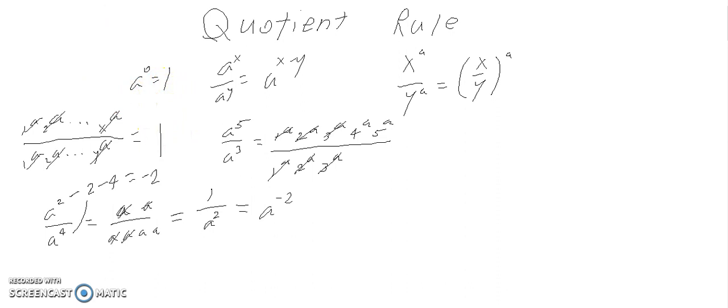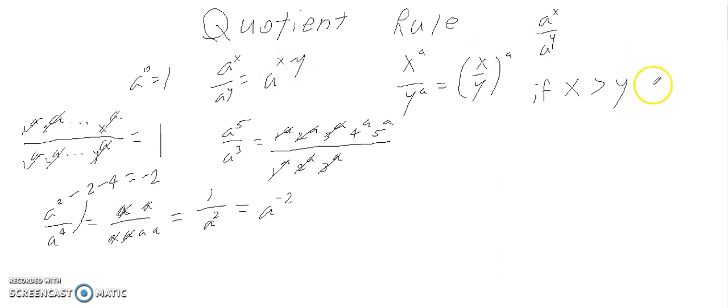So to sum it all up, I'm going to leave this up here and write, and this needs space here, so a to the x over a to the y. If x is greater than y, then it's the easiest, or maybe the other ones, maybe equal is the easiest case, but then it just stays as a normal exponent.